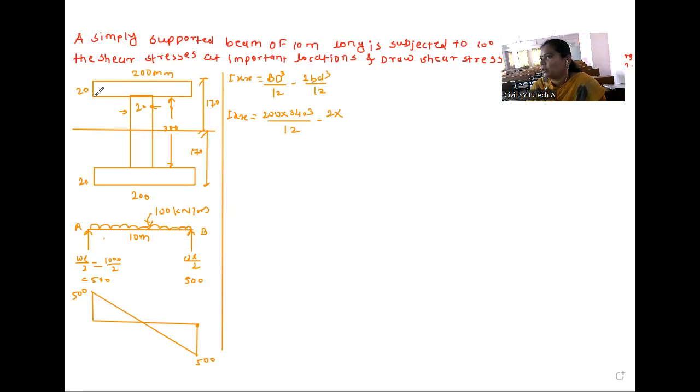This is 200, out of that we have to subtract this 20, so 200 minus 20 is 180. 180 divided by 2, that is 90, into depth 300 cube divided by 12. So you calculate and tell me Ixx.